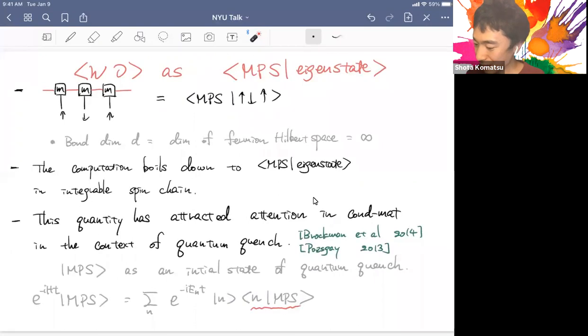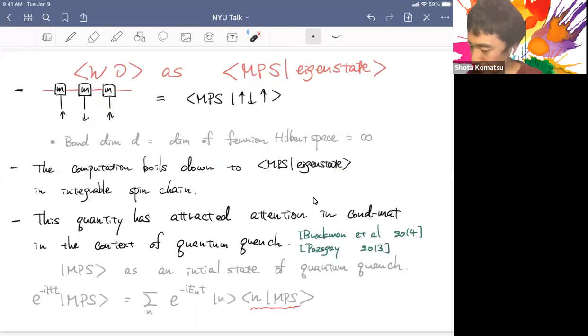And therefore the upshot is that the computation boils down to the overlap between a matrix product state and an eigenstate, because for the operator we want to have an eigenstate, for the reason I explained before. In particular, we want this overlap in a special class of spin chain called the integrable spin chain.